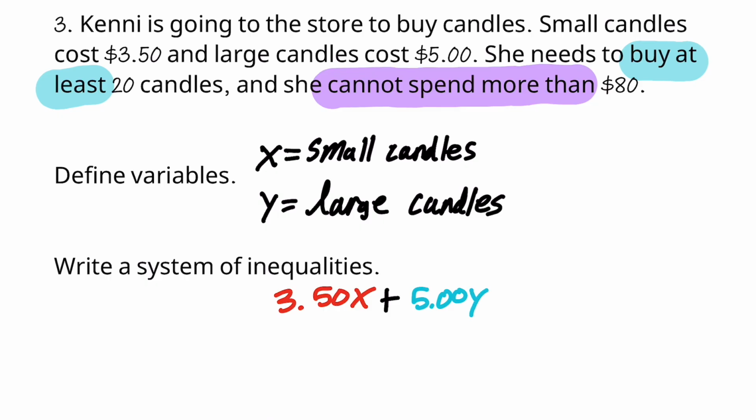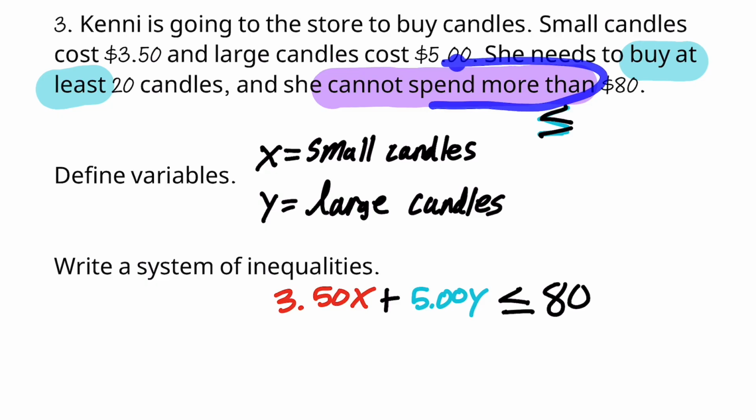And then, so Kenny is trying to buy these candles, and she cannot spend more than 80. More than is normally just a greater than sign, but since it's cannot spend more than, it is going to be less than. Now, can she spend $80? And the answer is yes, she can. So the symbol we are using here is less than or equal to $80.